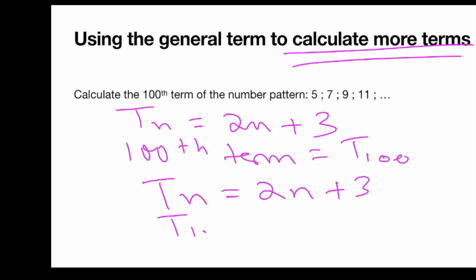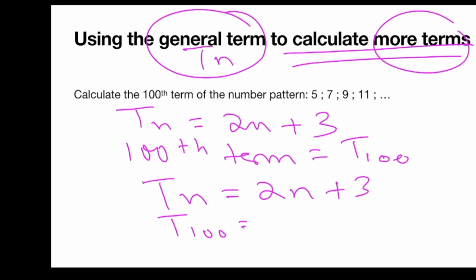So to get T100, because we are using the general formula, we are using Tn to work out other terms. So instead of n, we now have 100. Wherever there is n, we can put 100. And if you simplify that answer, you will get 203. So the 100th term is equal to 203.